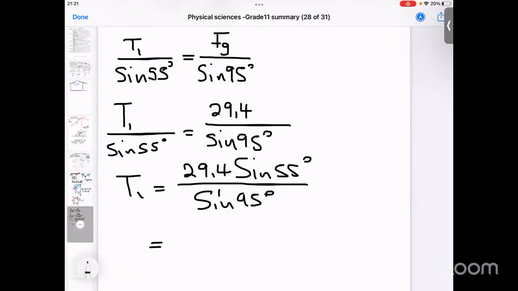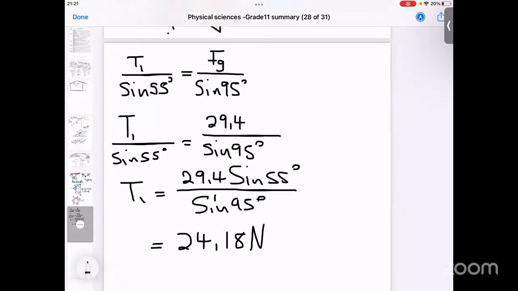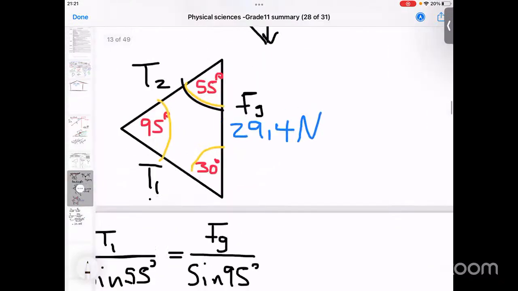Okay, this is what we are getting: 24.18. This is in Newton because it is the force. Let's see, 24.18. Yes, even on the memo, it is the same calculation. So this is how you would work it out. So we now know what that is, 24.18. You must say Newton, because it is the force that you are calculating.